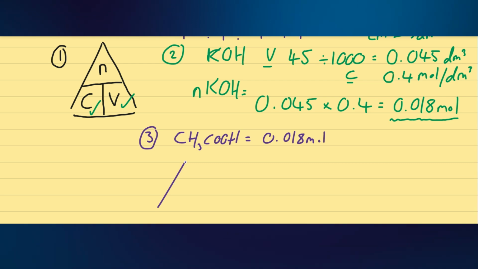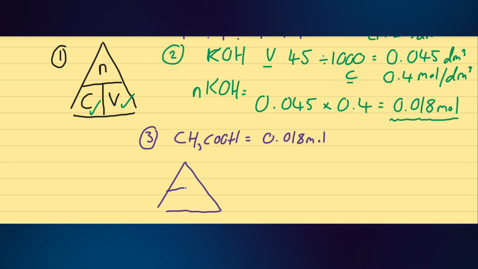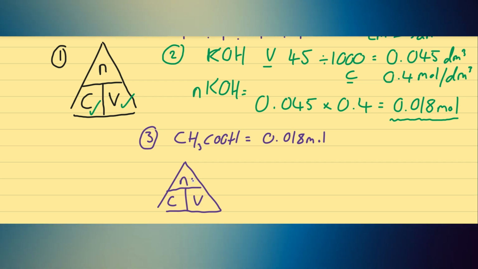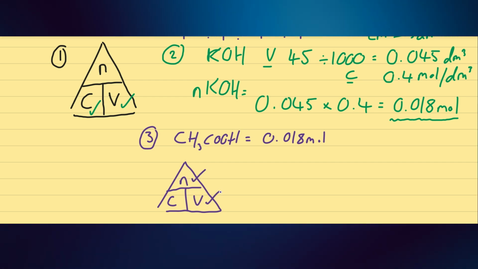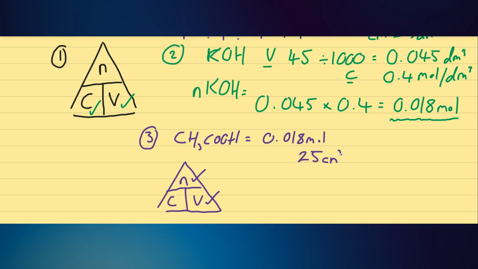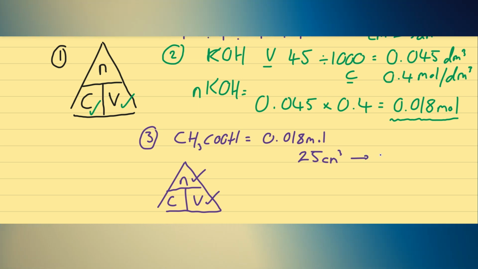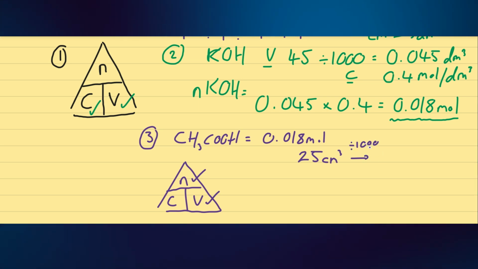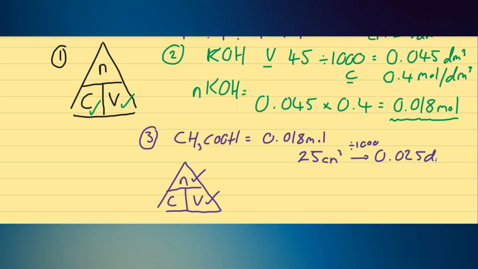Well, if I go back to my triangle for acetic acid, I have concentration, number of moles, volume. I know I have my number of moles and I have my volume. My volume, remember, is in centimeters cubed. Let's turn that into decimeters cubed. So let's divide that by 1,000. So it'll be 0.025 decimeters cubed.